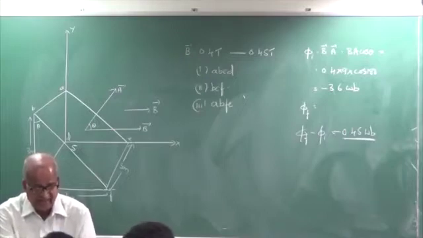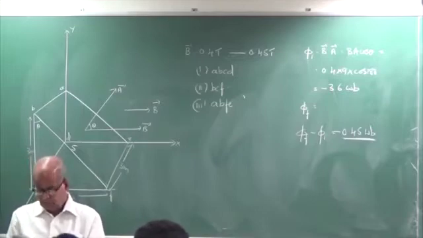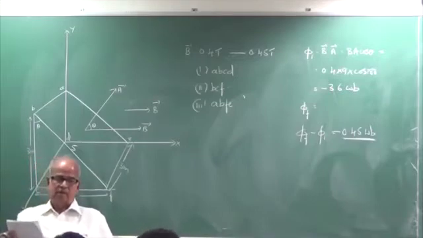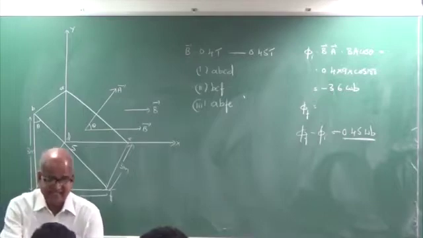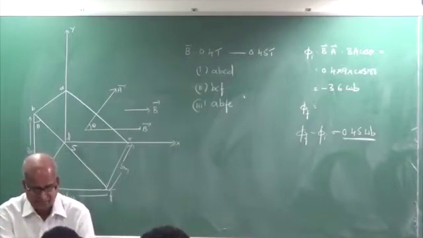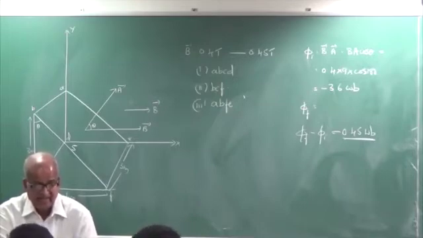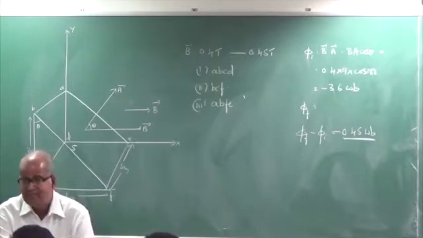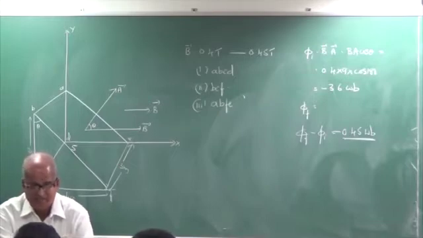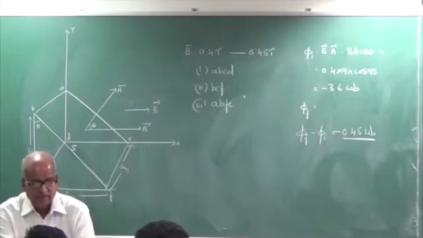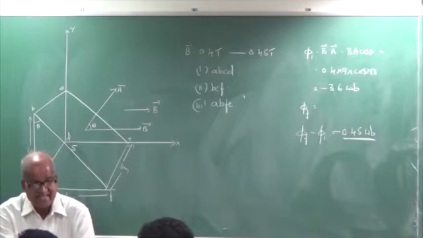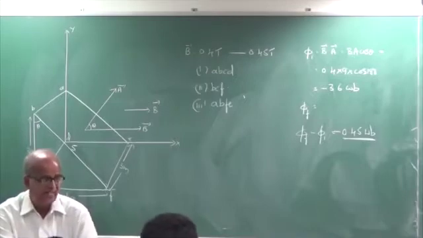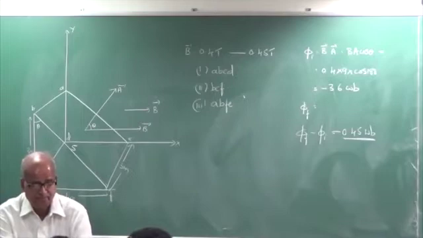Two, if the current in the long wire decreases to 1.5 amp in 0.003 seconds, what average EMF is induced in the coil?